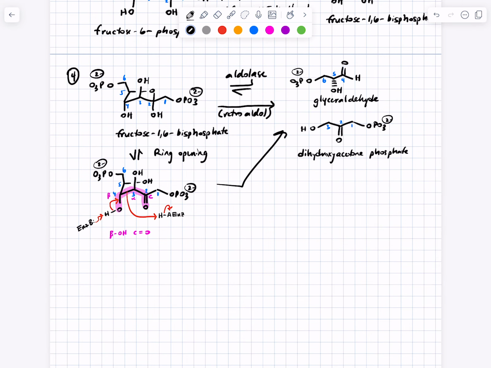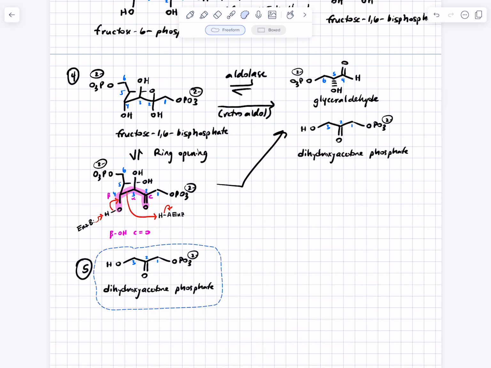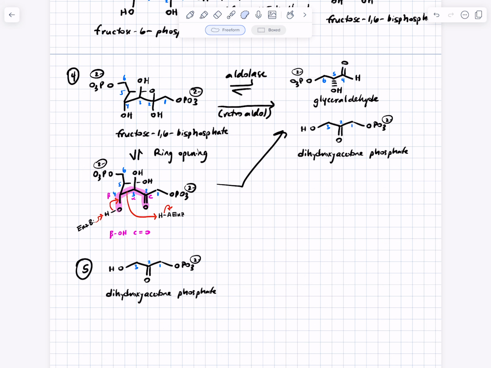Okay, so step 5 is going to be the conversion of dihydroxyacetone phosphate to glyceraldehyde phosphate. So we already have one equivalent of glyceraldehyde phosphate, but now we're going to get 2 by converting dihydroxyacetone phosphate into glyceraldehyde.